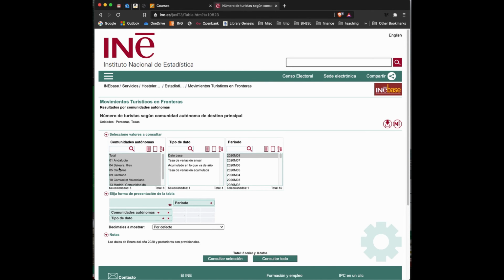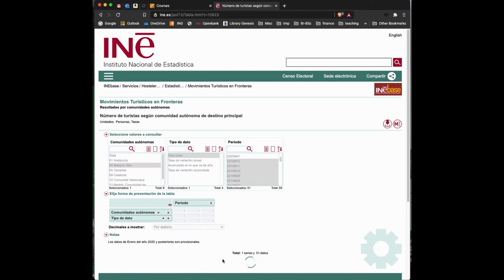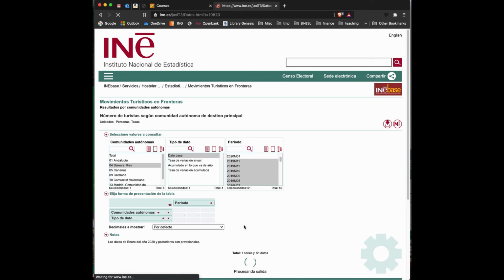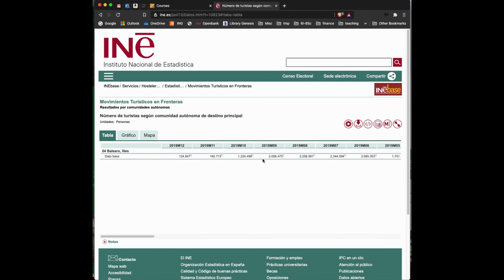Now we'll consider here Baleares, the database, and we're going to take from 2015 January till 2019 December. Consultar selección, and here is the data.